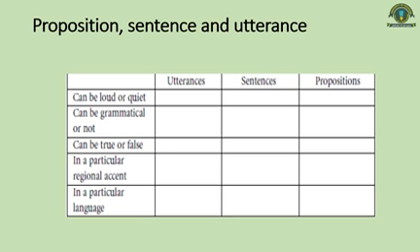In this box, we will also put a minus sign. Now, in a particular language: obviously utterances can be in a particular language or languages. We will put a plus sign here. The same is the case with sentences. They can also be in a particular language, so again a plus sign here. And in the case of propositions, we cannot say, so there will be a minus sign.